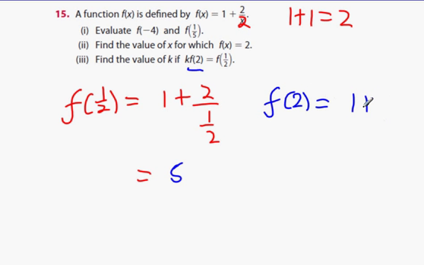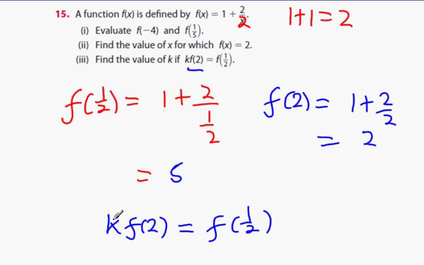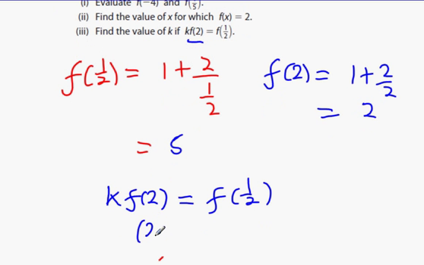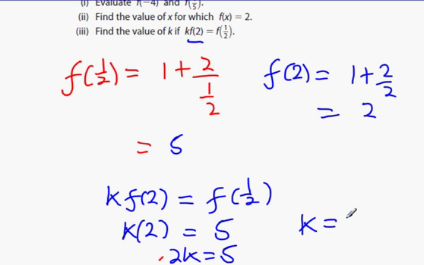It's going to be 1 plus 2 over 2, which is 2. What does this question change into? k f of 2 equals f of a half. What's f of 2? 2. And that's a k there. And what's f of a half? 5. And then finally we're going to get 2k equals 5. What's k equal to? 5 over 2. Alright? Grand. k equals 5 over 2.